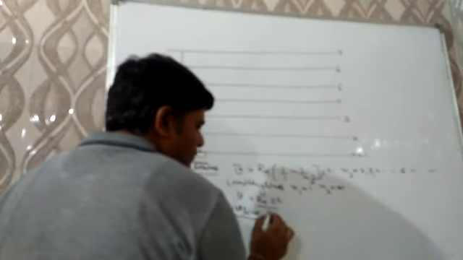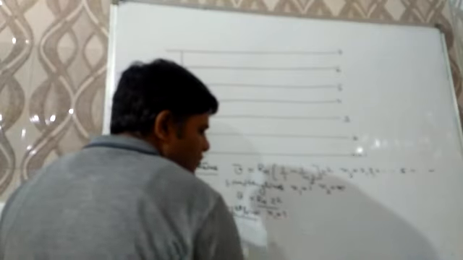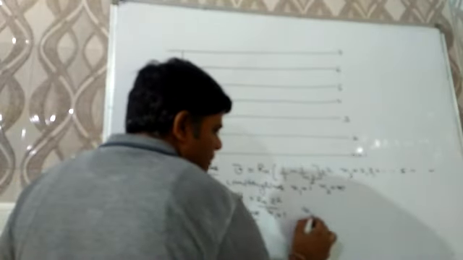First line: here n1 will be equal to 1 and n2 will be equal to 2, so the factor will be 3 by 4. Nu bar is equal to RH into 3 by 4 into Z square.